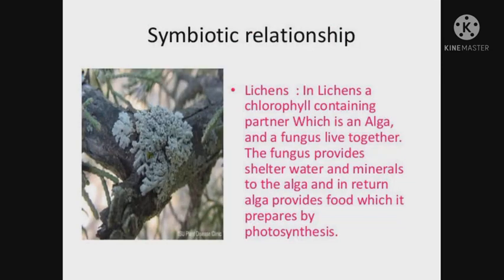Lichens are the symbiotic relationship between a fungus and an algae. In lichens, a chlorophyll-containing partner, which is an algae, and a fungus live together. The fungus provides shelter, water, and minerals to the algae, and in return, the algae provides food which it prepares by photosynthesis.